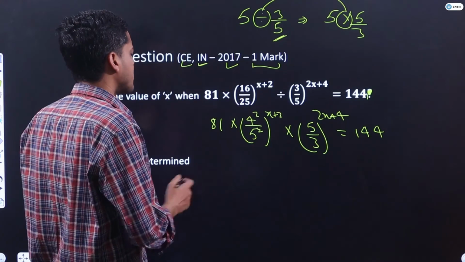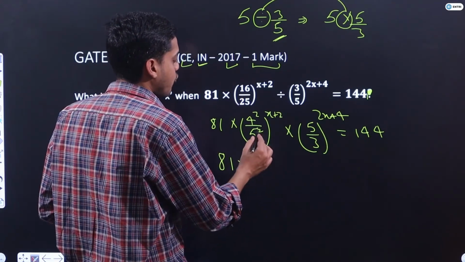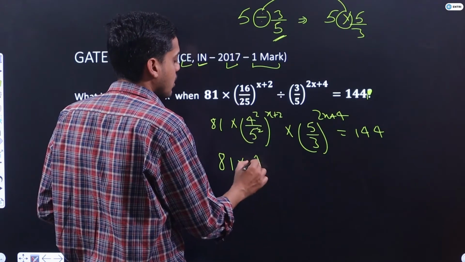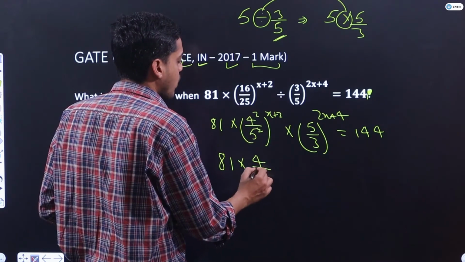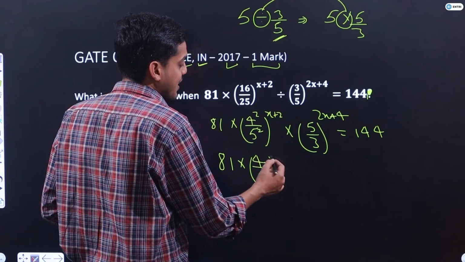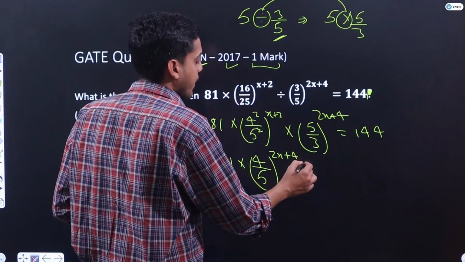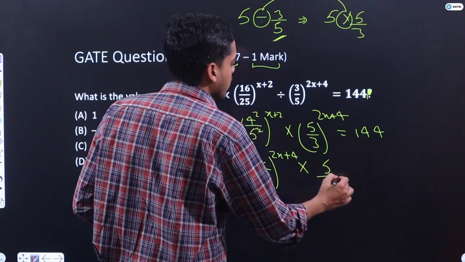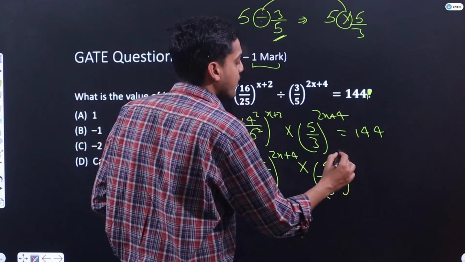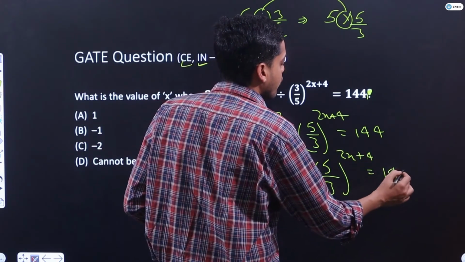So ultimately you will say 81 into, sir, this will be 4 upon 5 whole squared. If it is 4 upon 5 whole squared, then I will write 2 into x plus 2. So can I multiply directly in the bracket? 2x plus 4 into 5 upon 3 whole power 2x plus 4 is equal to 144.